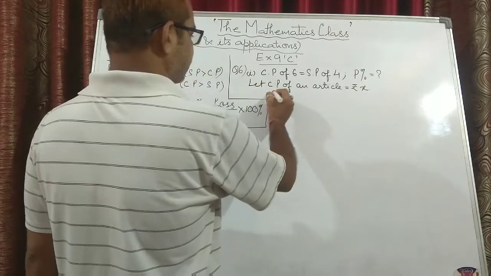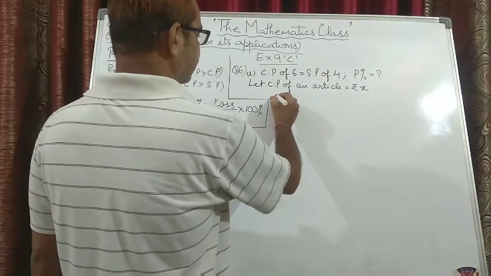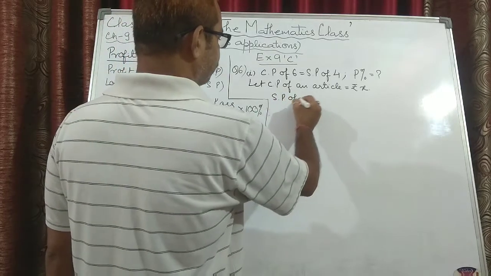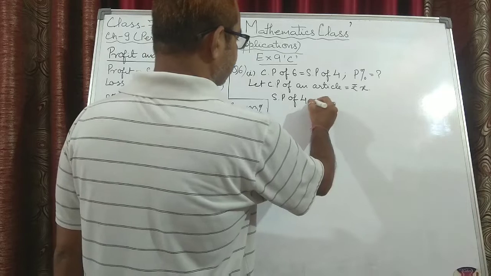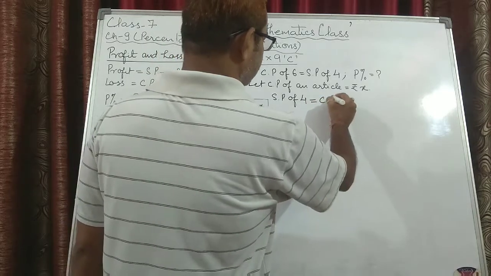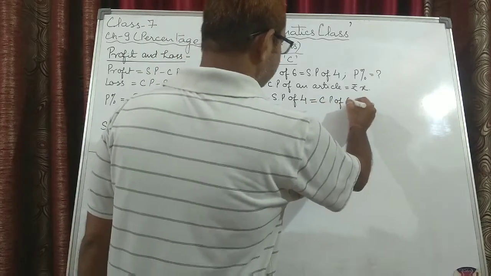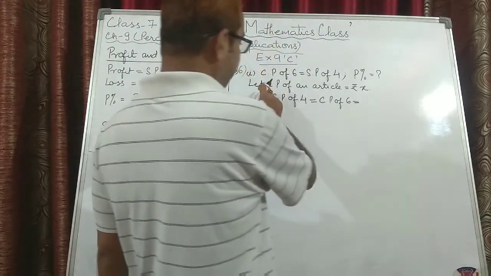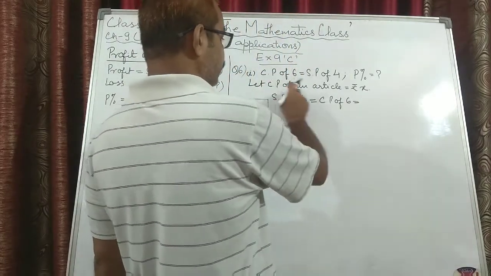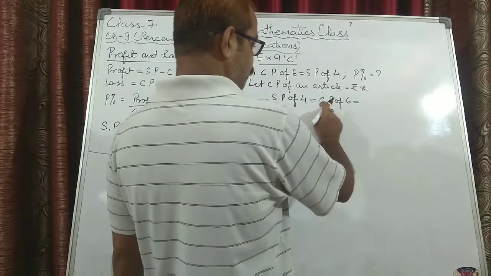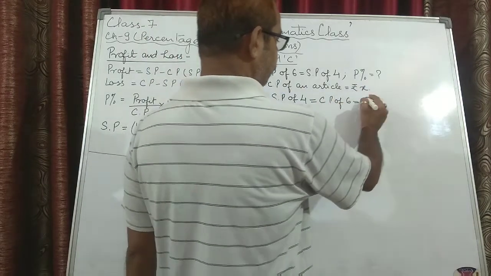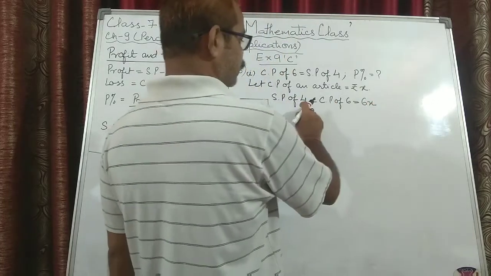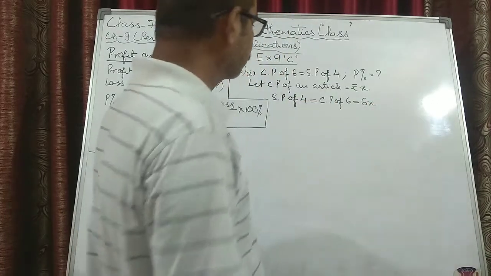So they say that the selling price of 4 articles is equal to the cost price of 6 articles. We have assumed the cost price of one article is X, so the cost price of 6 articles will be 6 times X, and that is the selling price of 4 articles.